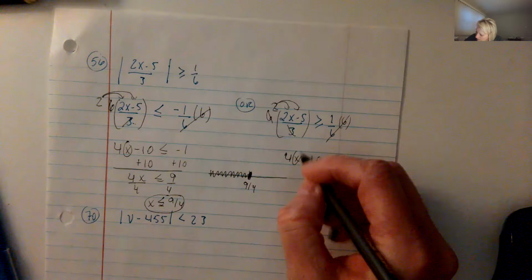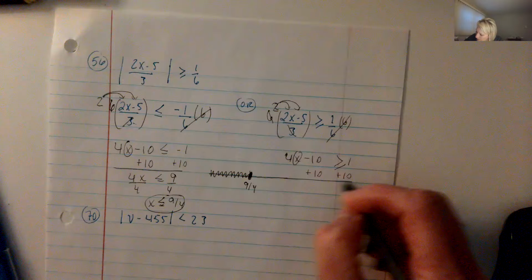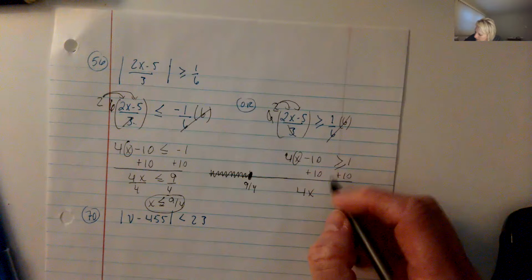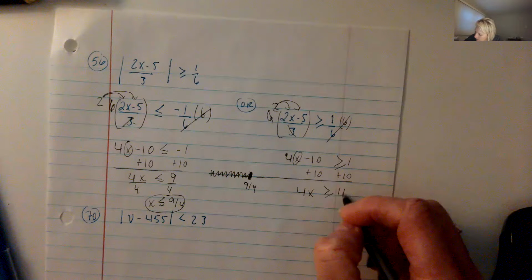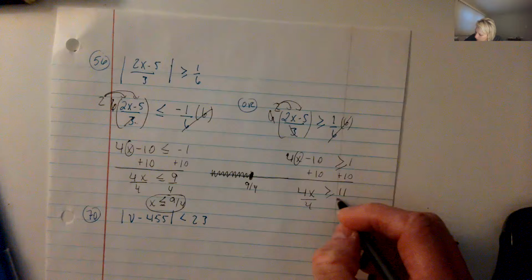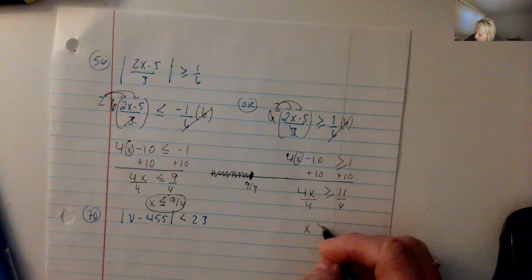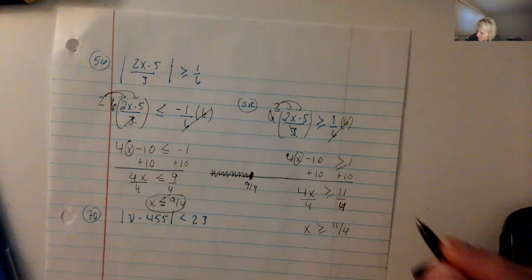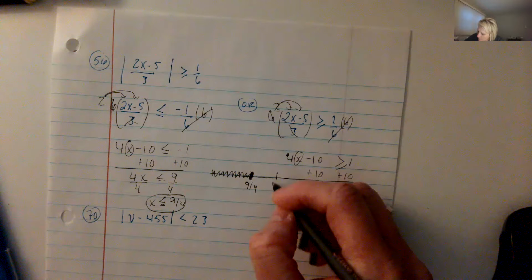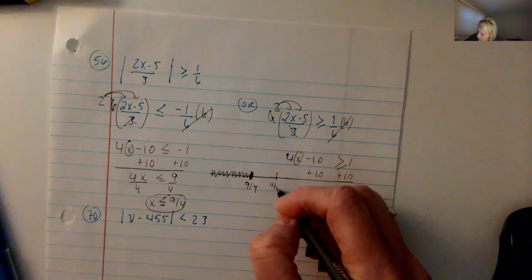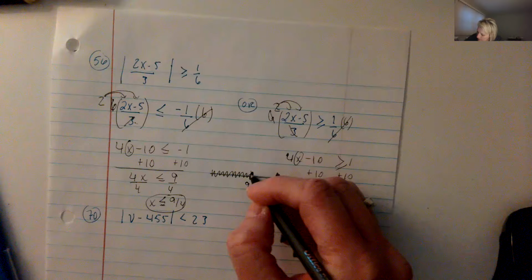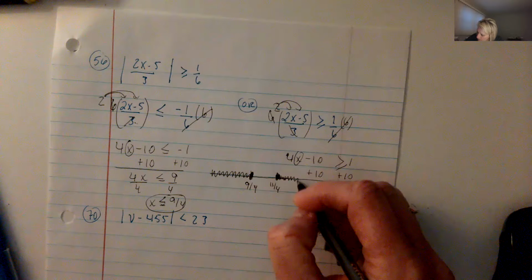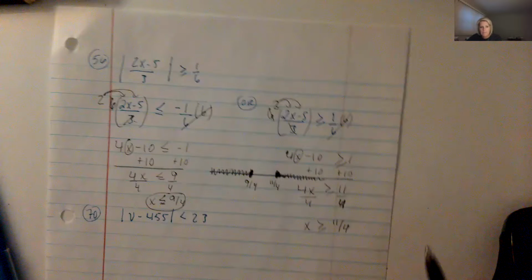So again, to solve for x, we're going to add 10 to both sides. 4x is greater than or equal to 11. We're going to divide by 4. So x is greater than or equal to 11/4. So we're going to have 11/4 shaded in circle, and it's greater than or equal to, so we're going to shade to the right.